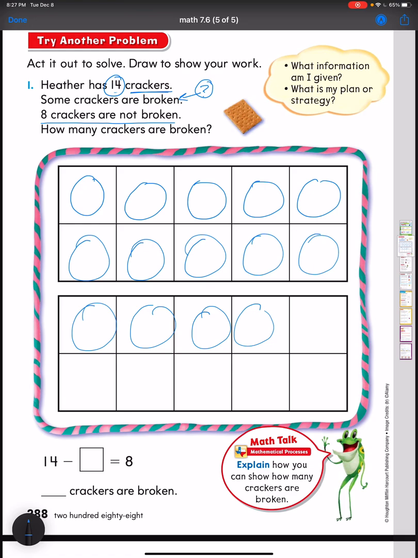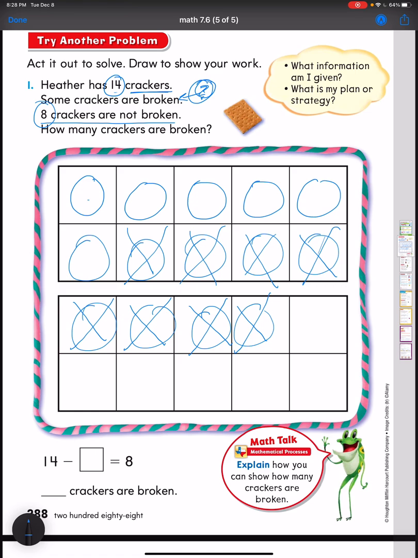I'm going to take away the ones that I know were not broken. We're just going to put those ones that are not broken to the side. So I took away 4, 5, 6, 7, 8. These 8 that I have X's on are the ones that weren't broken. Whatever's left is going to be the ones that were.